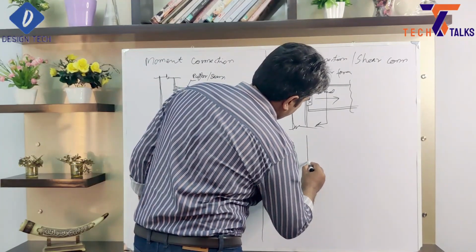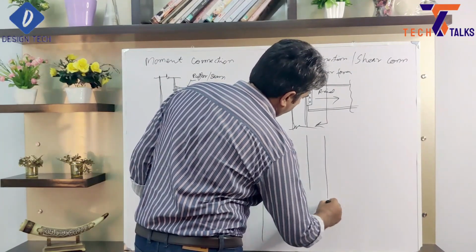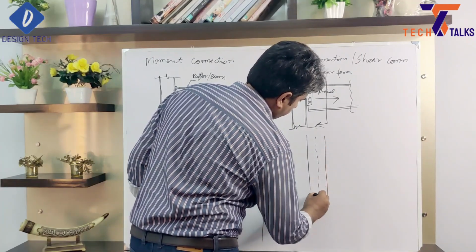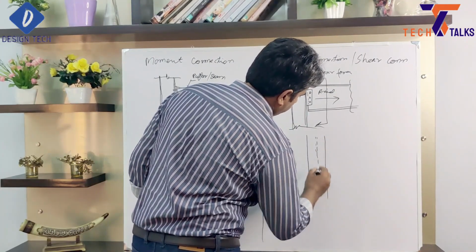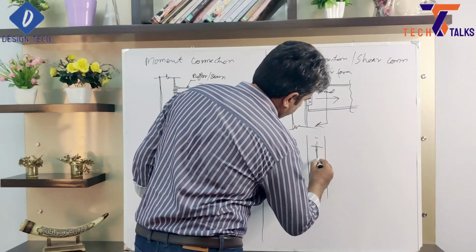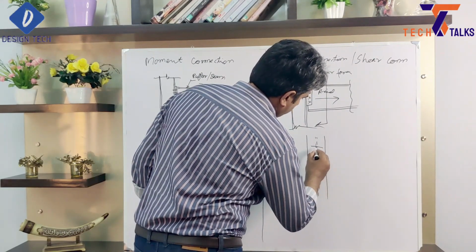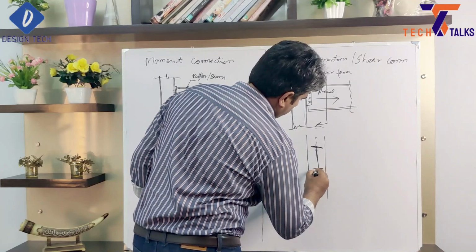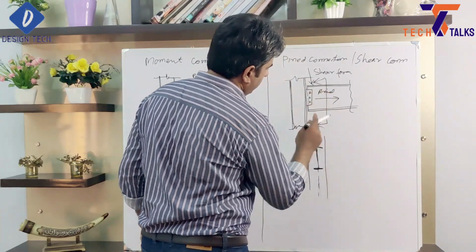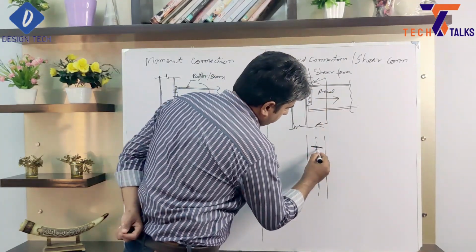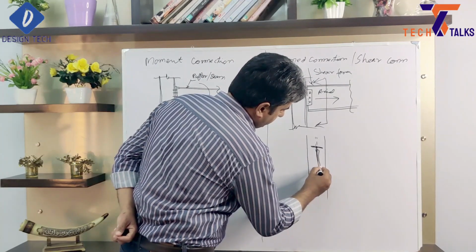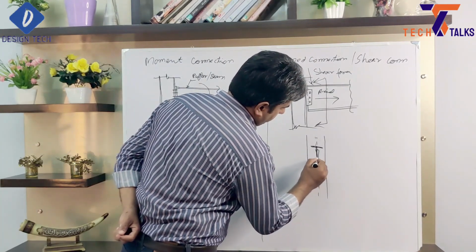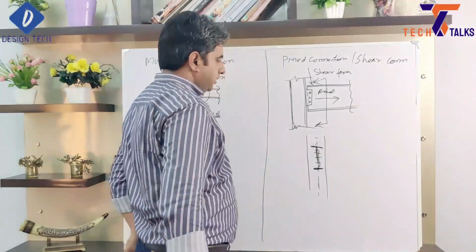This is our column, and it's the web of the column, and here is our I section, this one, and this plate will be something like this. So here we provide our bolts.